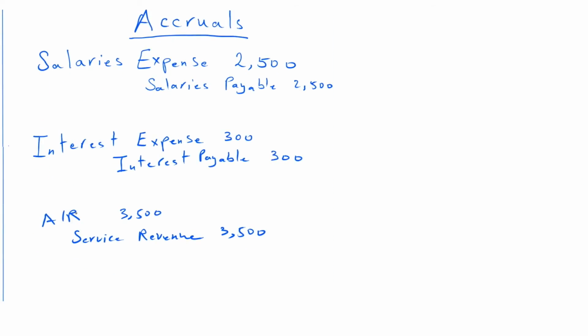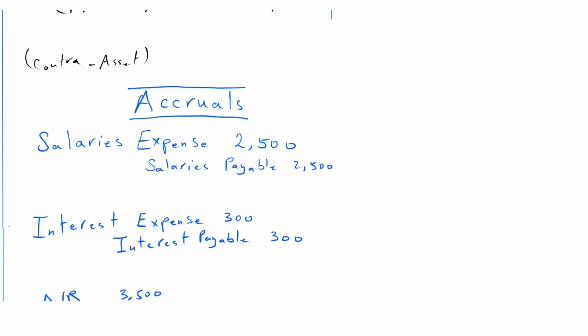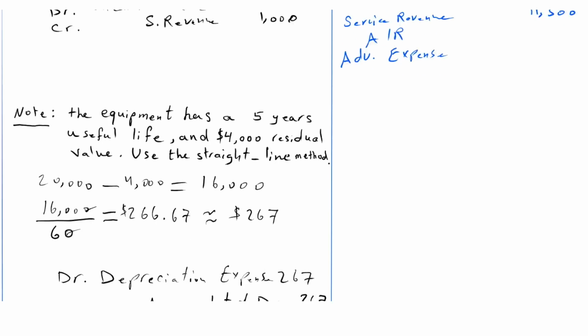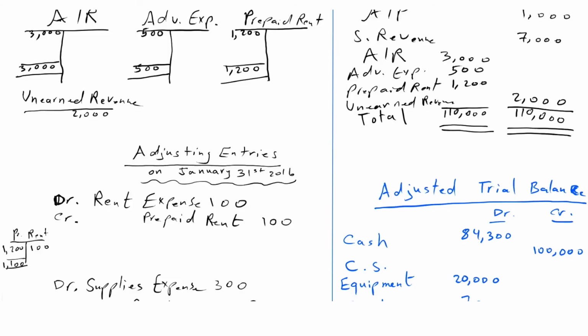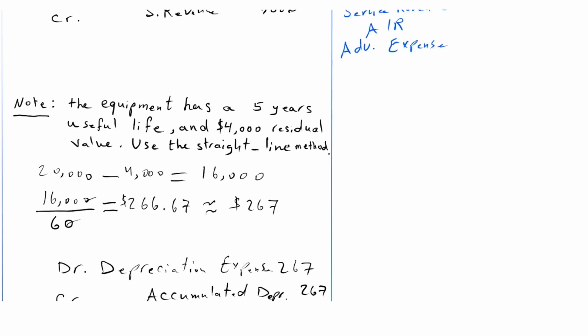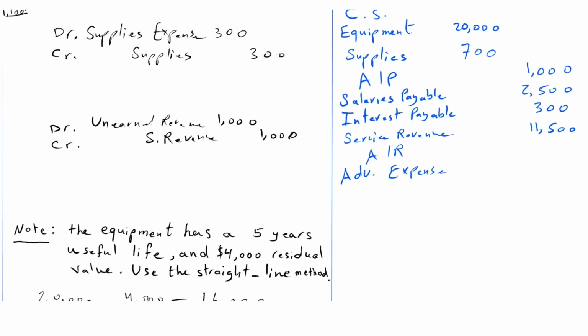Here's an accounts receivable all the way down at the bottom. $3,500 debit balance, so we have to increase it by 3,500. Okay, remember, asset increases with a debit. So accounts receivable is an asset. It increases with a debit. Okay, go all the way up. What was the balance? 3,000 plus the 3,500. That will be $6,500.